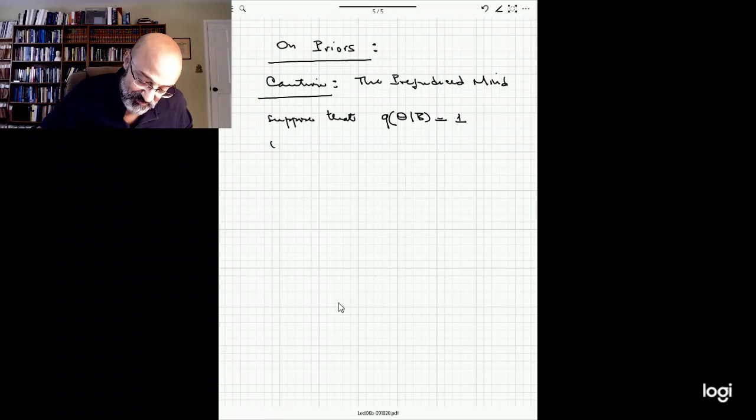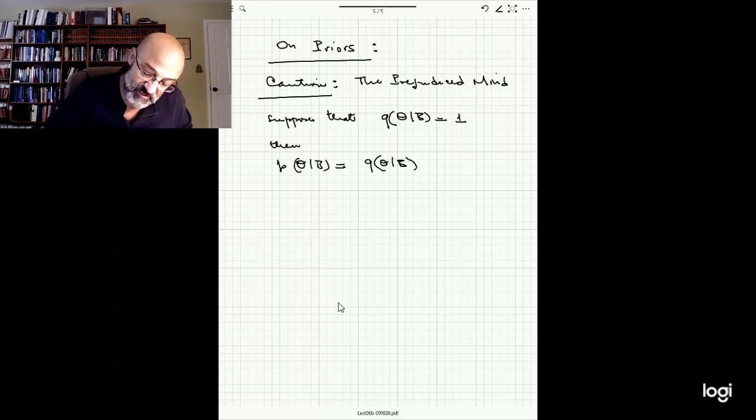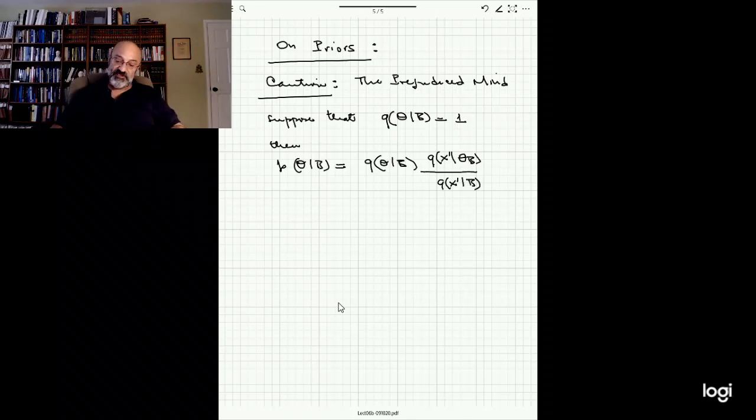Then, let's just write our Bayes theorem here. You are interested in the probability of theta, given that background information, and we're going to write this as q theta b. And then here you may have data, theta b, and you're going to have some normalization.